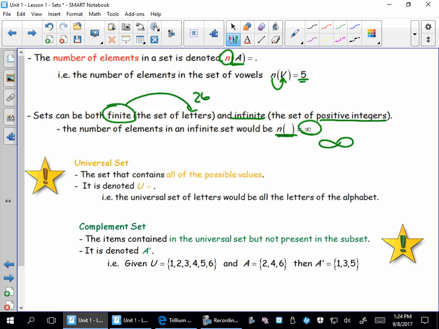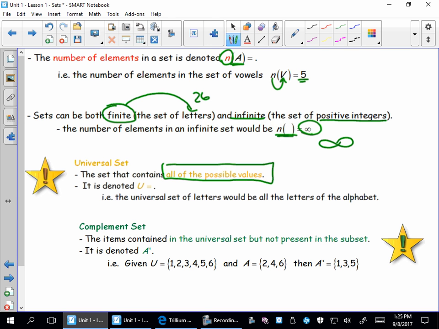Okay, last two big ideas. A universal set. This is basically our starting point. These are all the things that we're talking about. All the possible values. So if we're talking about our class, we'd say, who are the people in our class? It would include everybody. Me, all the students, anybody who's in the room. From that, I might take some sets. I might take, here's the boys, here's the girls, here's the 16-year-olds, here's the 17-year-olds, here's the 18-year-olds, here's the students, here's the teachers.